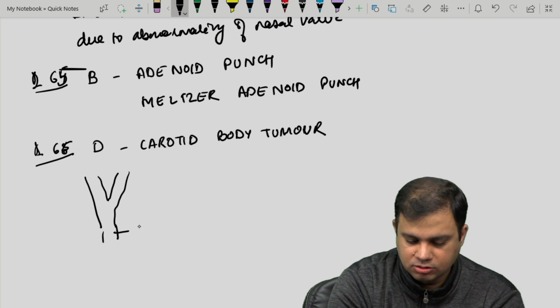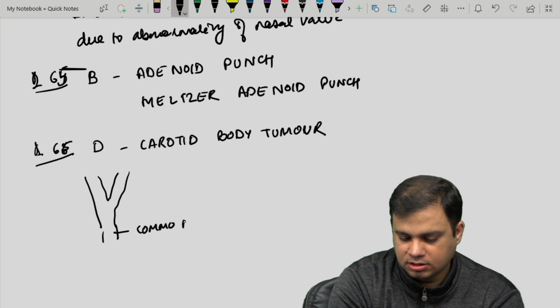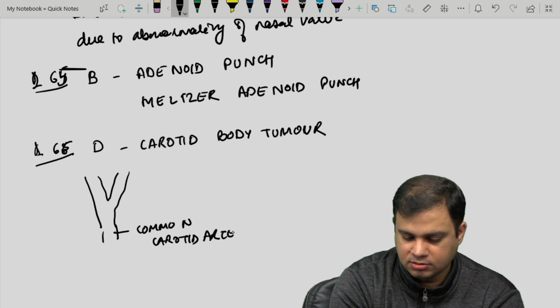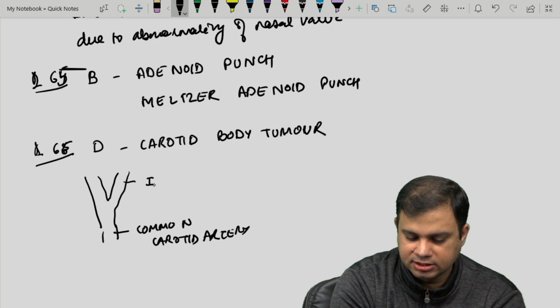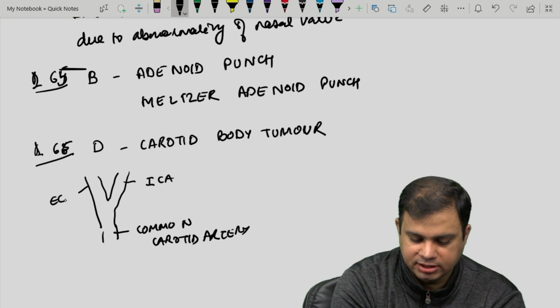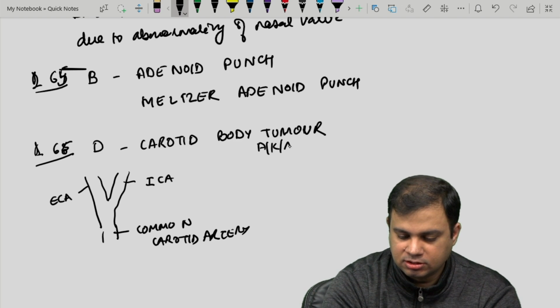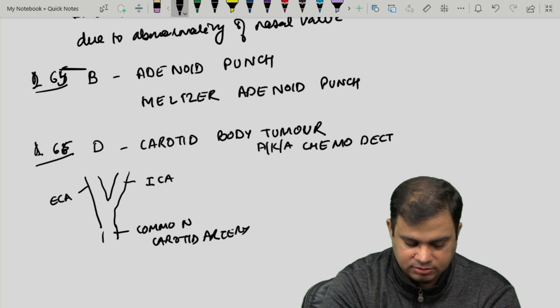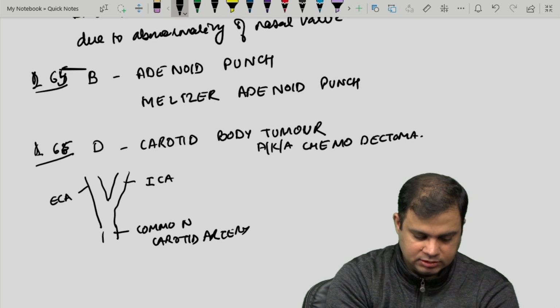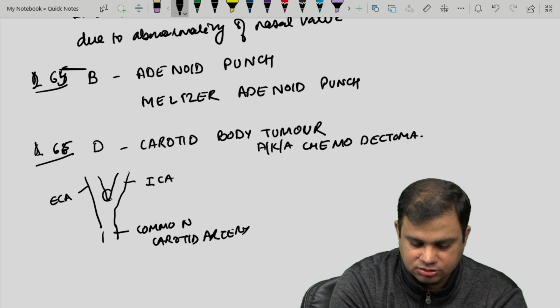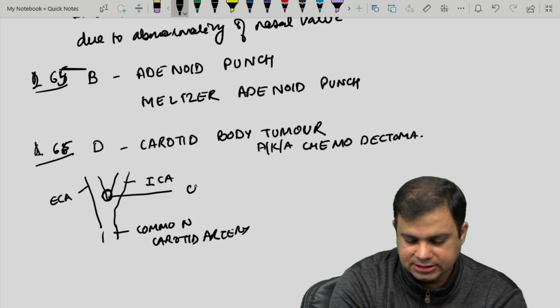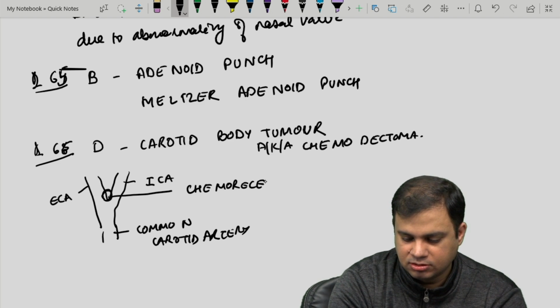This is the common carotid artery, this is the internal carotid artery, and this one is the external carotid artery. The carotid body tumor, also known as chemodectoma, arises from the chemoreceptors, which are present at the bifurcation of the common carotid artery.